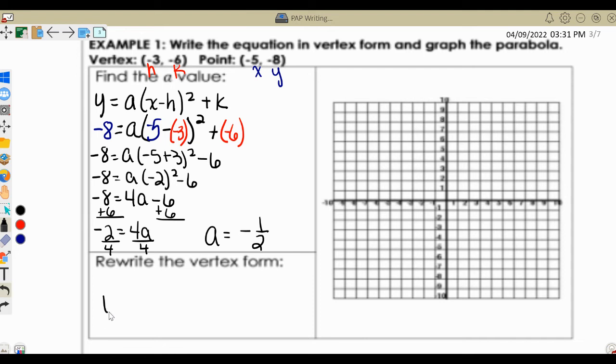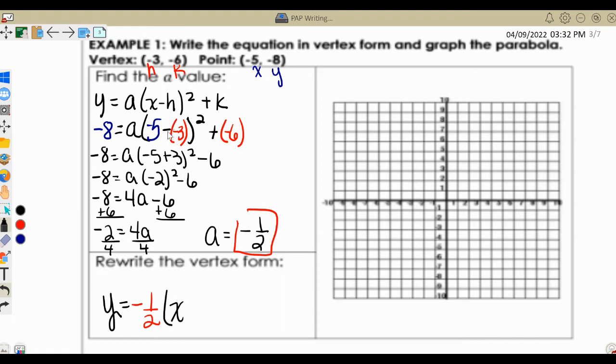So then our equation in vertex form, y equals, we're going to take this -1/2 right here. And parentheses x. Now, we're going to take the negative plus -3, or minus -3. The hk are going to stay in our equation.